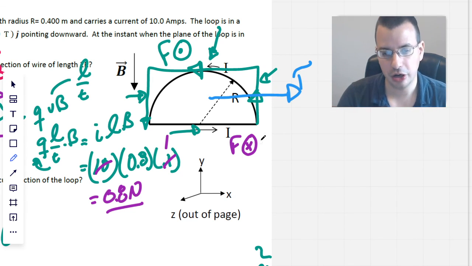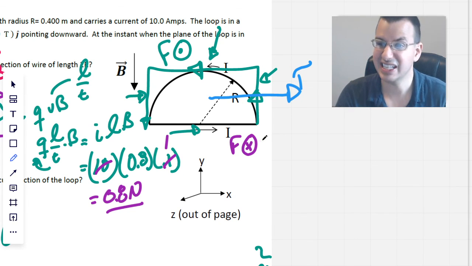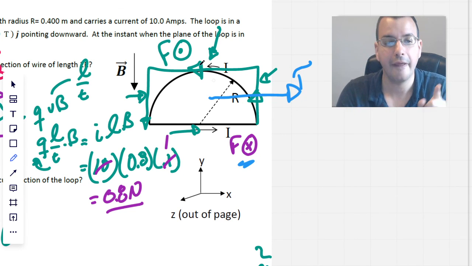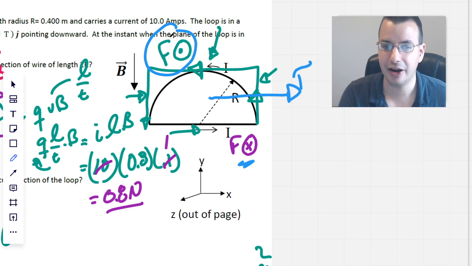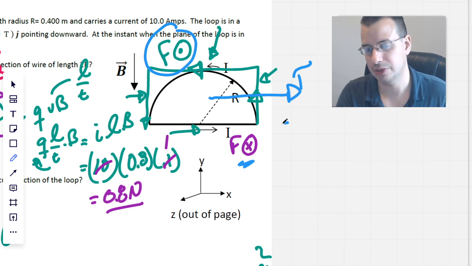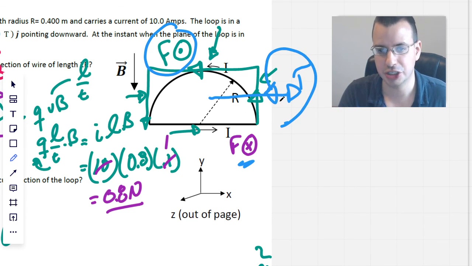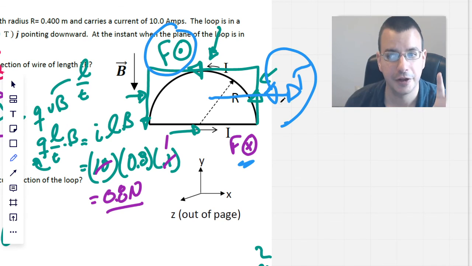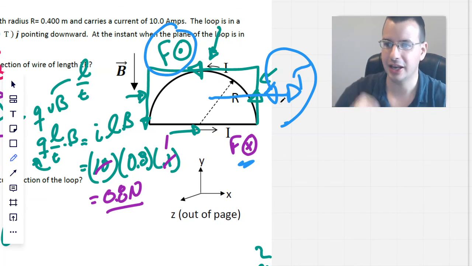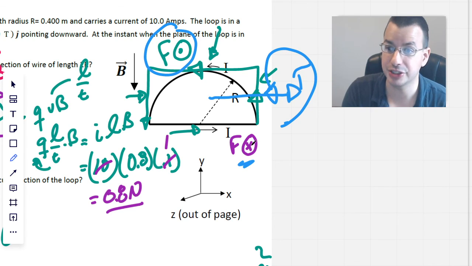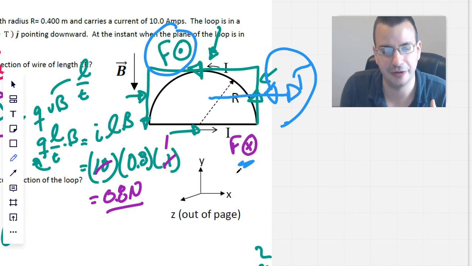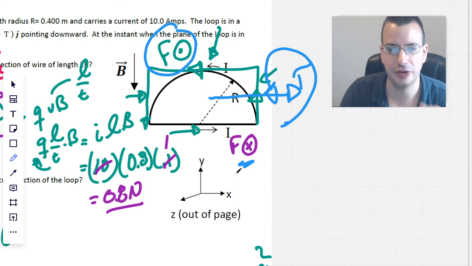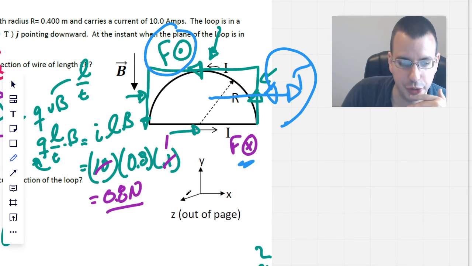And we already found earlier that this force is into the board right here, and this force up here is out of the board. Don't know if I can do it with perspective. The semicircle will kind of rotate like so based on these forces that we found, which is one of the reasons why I try and find the forces, and then use that to intuitively understand what the torque is doing.